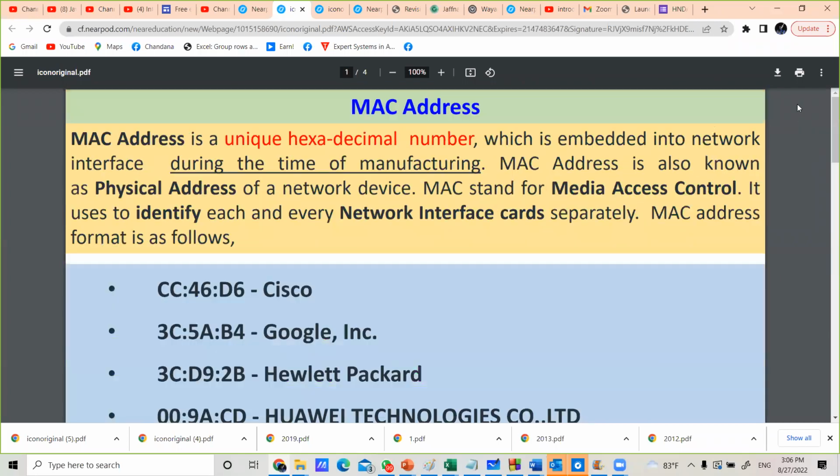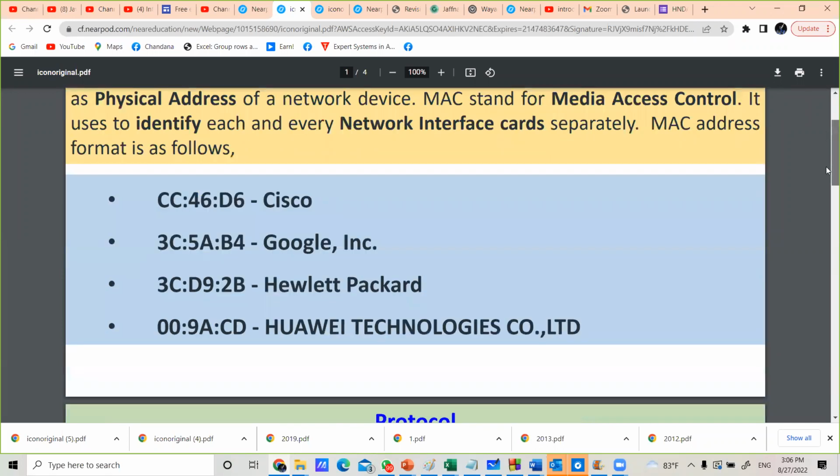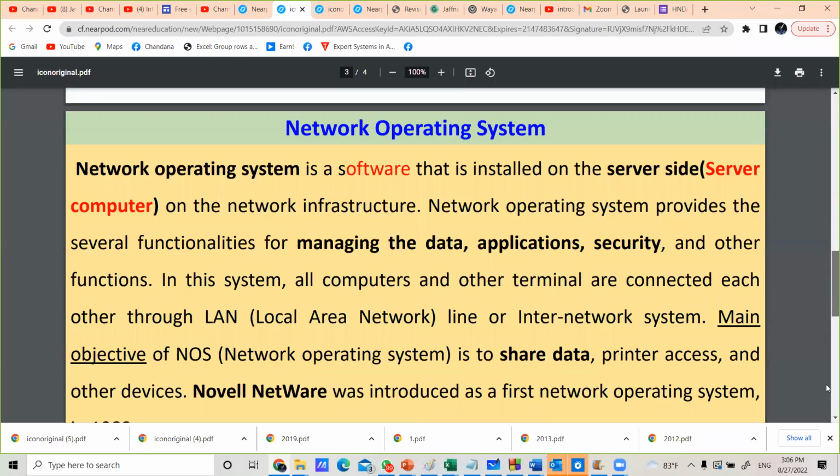Then we'll try to get an idea about these four terms.